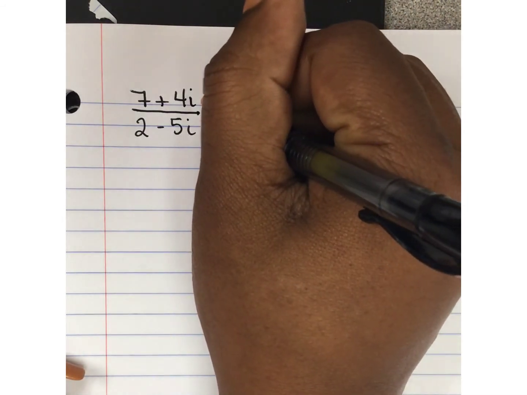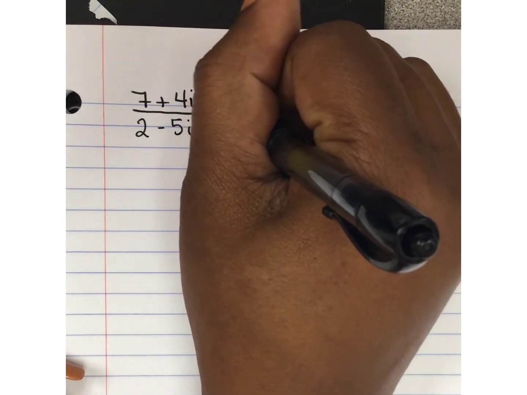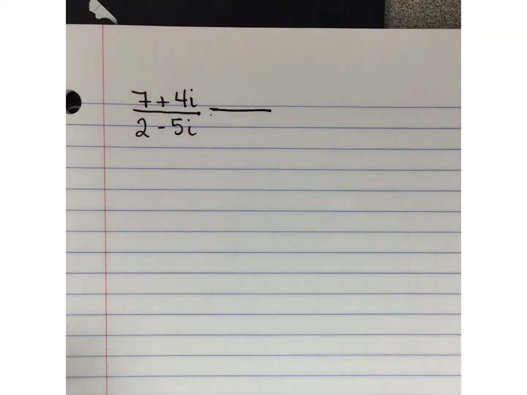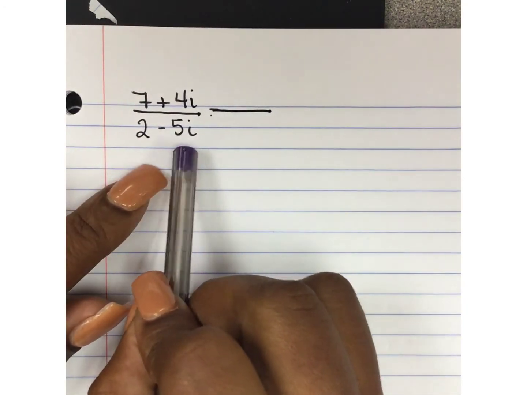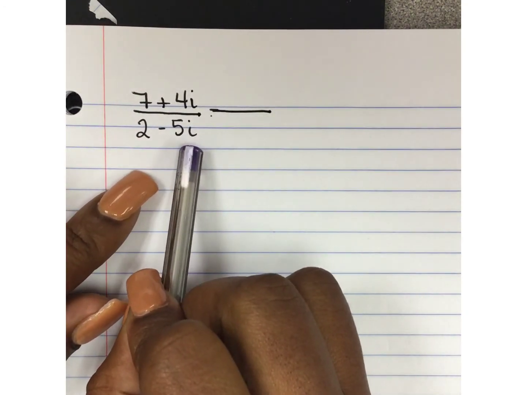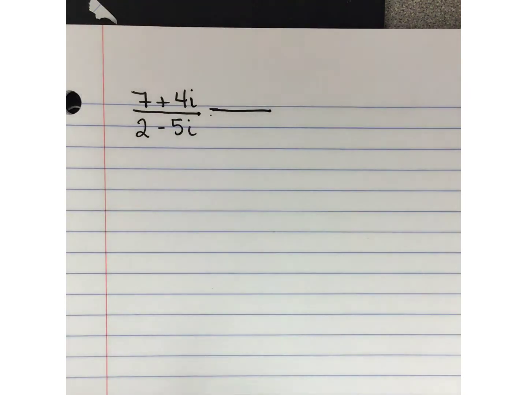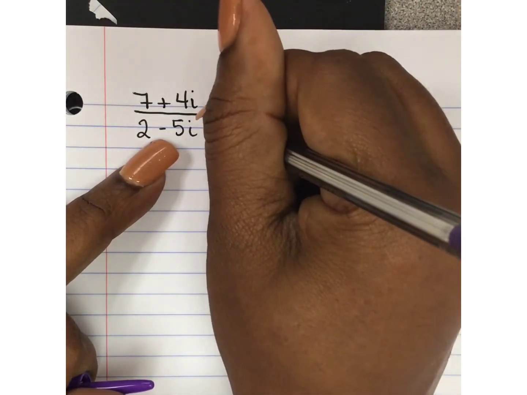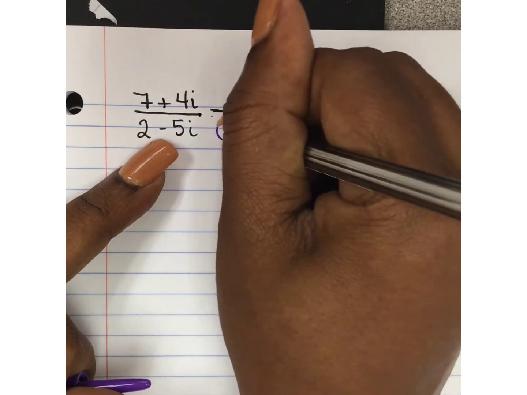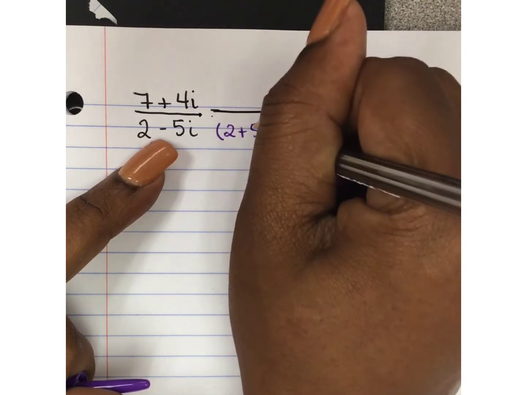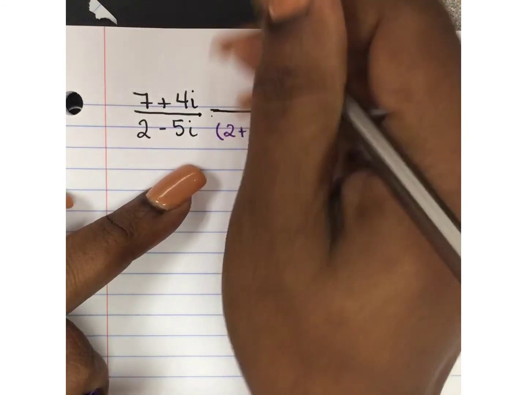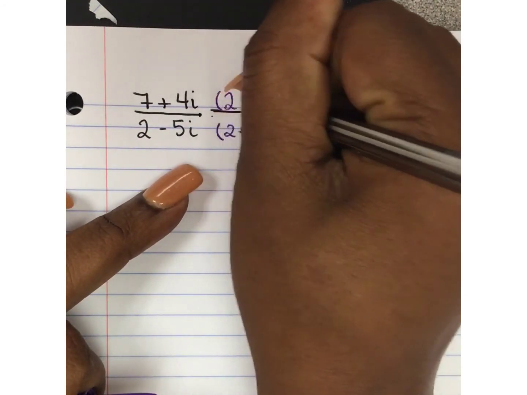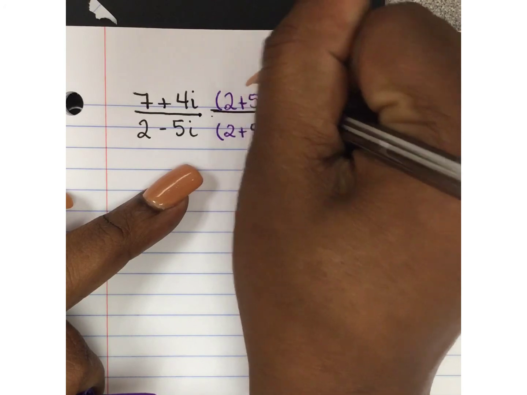But we notice right off the bat that we have an imaginary number in the denominator position. So we're only interested in getting rid of the imaginary unit in the denominator position. So the conjugate would be, you simply change the sign, to 2 plus 5i. And remember, math is fair, so whatever we do to the denominator, we also have to do to the numerator.